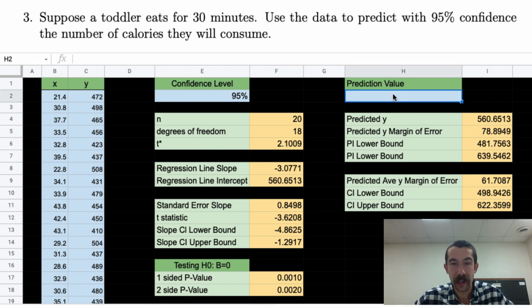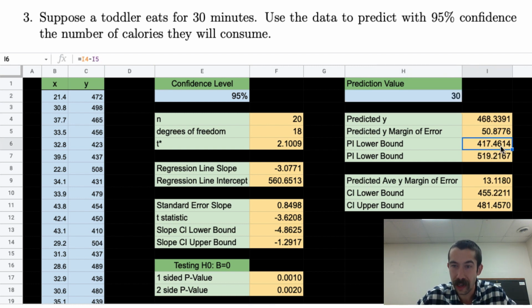So next it wants, with 95% confidence, the prediction interval if a toddler ate for 30 minutes. So we put in our prediction value of 30, and in these two cells here, we get our prediction interval lower bound and our prediction interval upper bound.